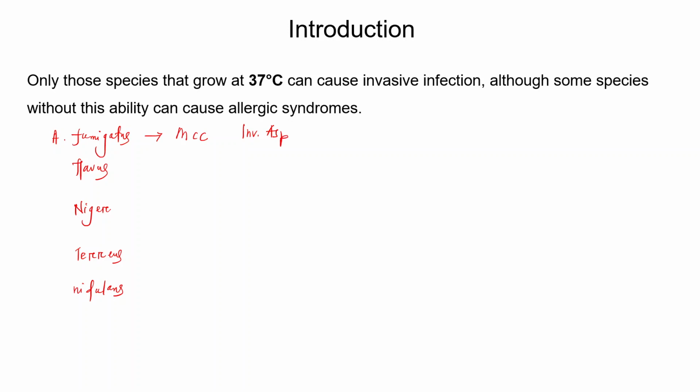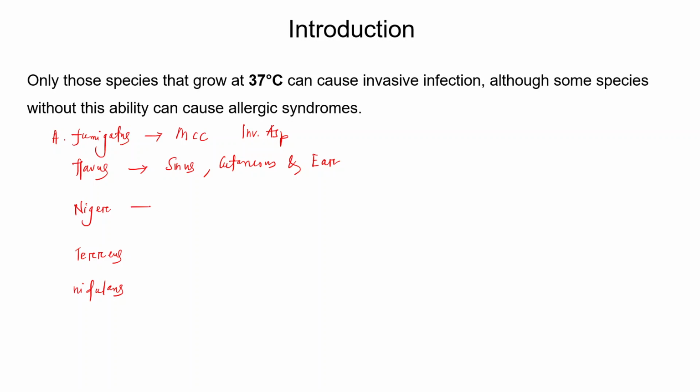Aspergillus flavus causes more of sinus infection, cutaneous infection, and ear infection, keratitis. So paranasal sinuses, skin, and ear. These are the three systems where Aspergillus flavus causes infection more commonly than Aspergillus fumigatus.